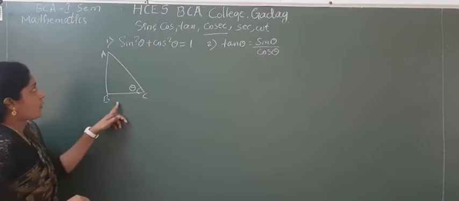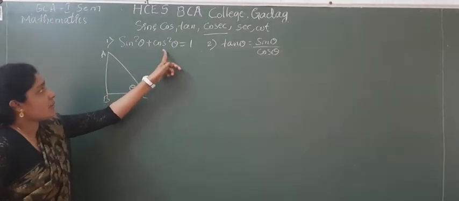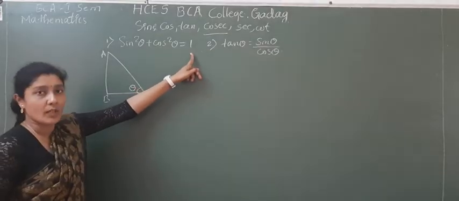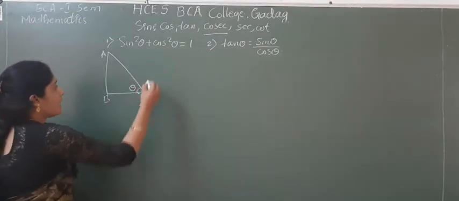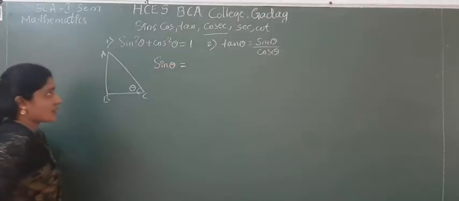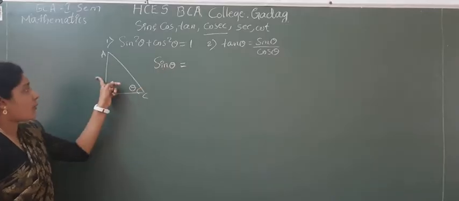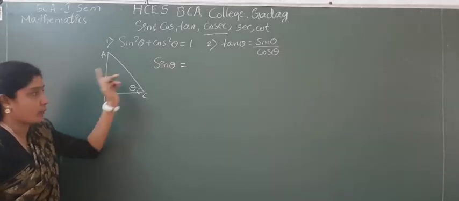Okay. So now, as you know, you have to prove that sin square theta plus cos square theta is equal to 1. Before that, let us write what is sin theta. In the first class we studied that sin is nothing but what? Opposite side divided by hypotenuse.